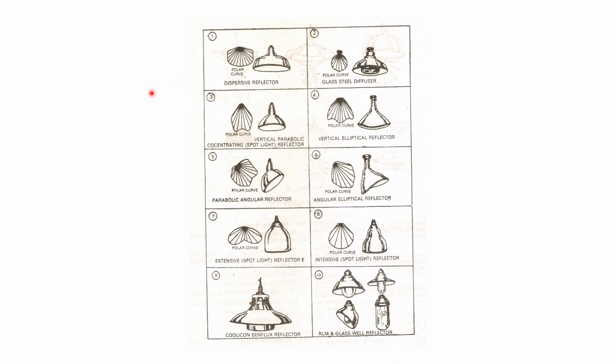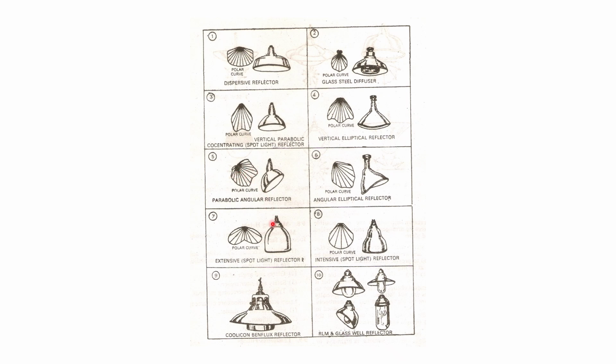Different types of downward lighting fixtures, downlighters, are shown here. They are of different types. I will discuss some of them being angular, so their polar curve is also shown angular.